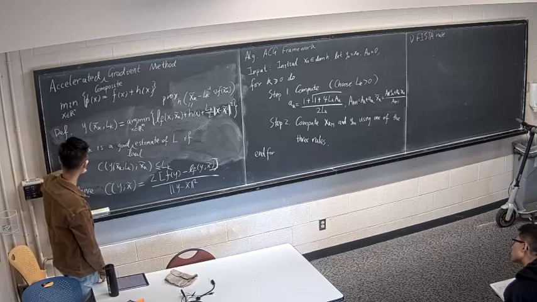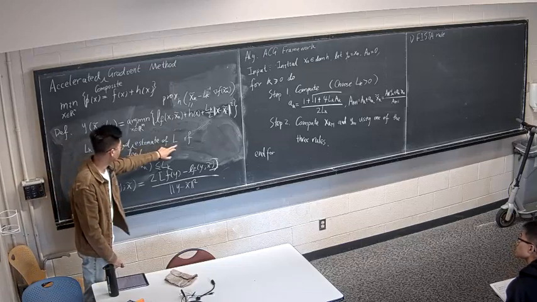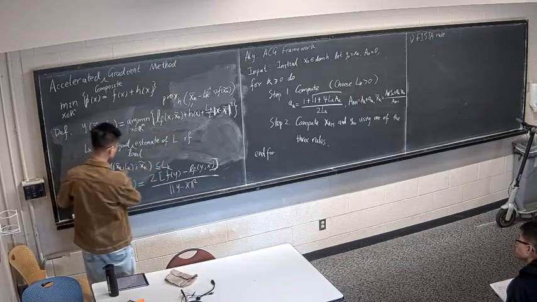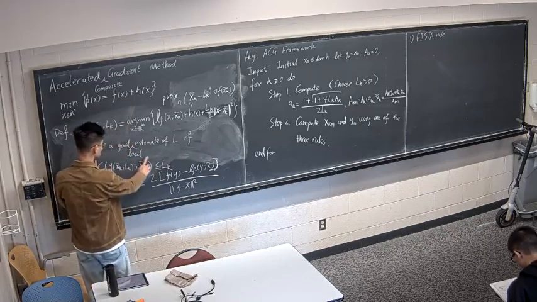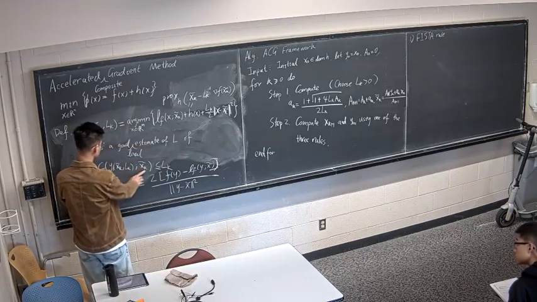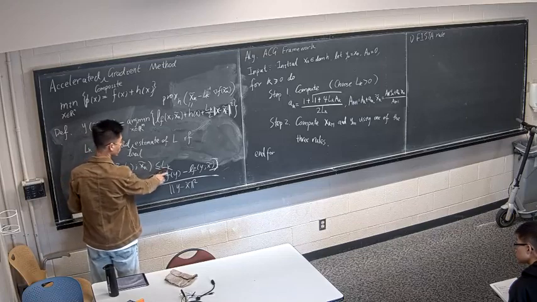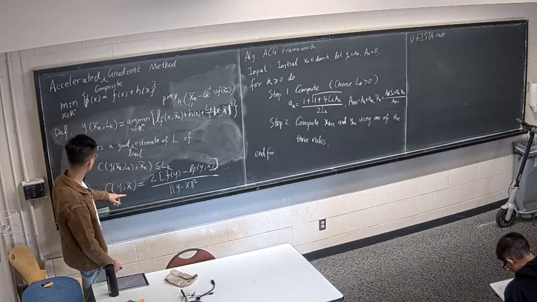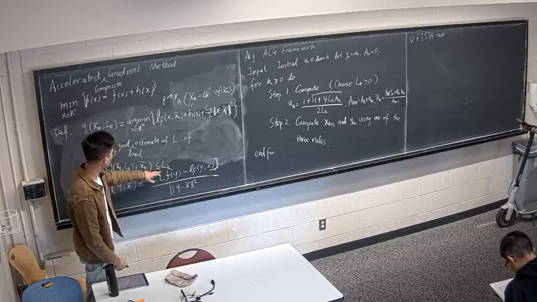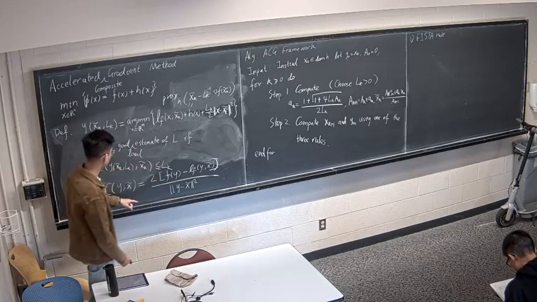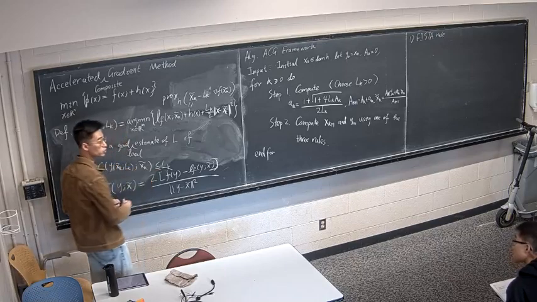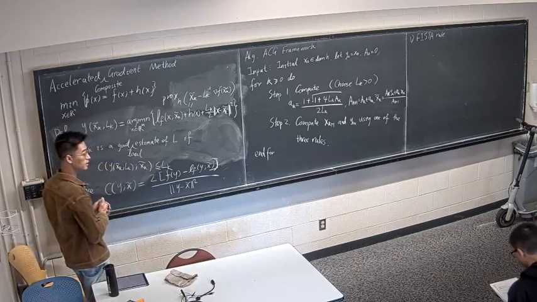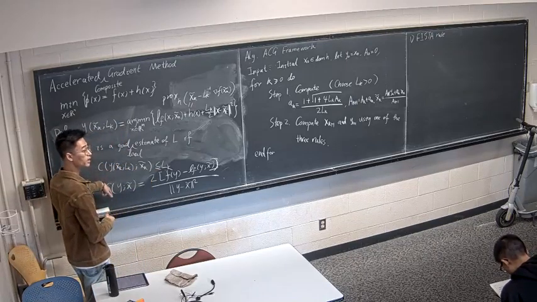And we say L_k is a good local estimate of L if this condition is true. This C of something is a curvature less than or equal to L. And C is defined in this way. You can show that if L_k is greater than or equal to L, then this inequality is always true. You see over here?